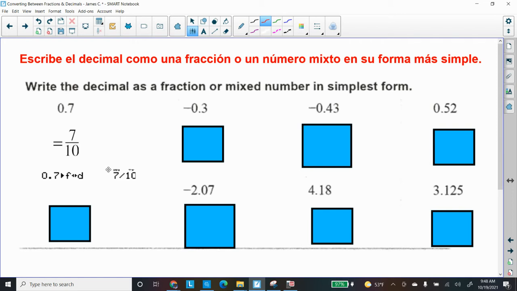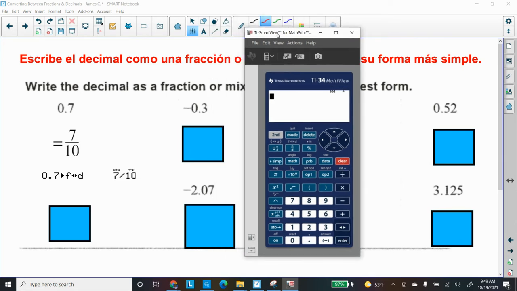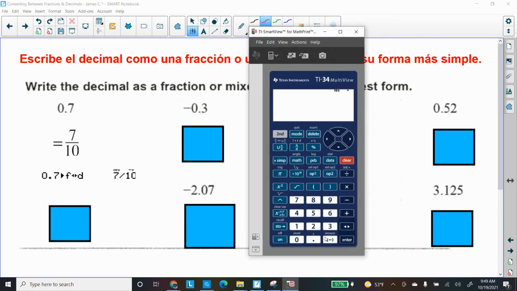All right, let's try one more. Let's try one with a negative this time. I like this one down here, -2.07. All right, so let me get my calculator again. Clear this out. So -2.07.